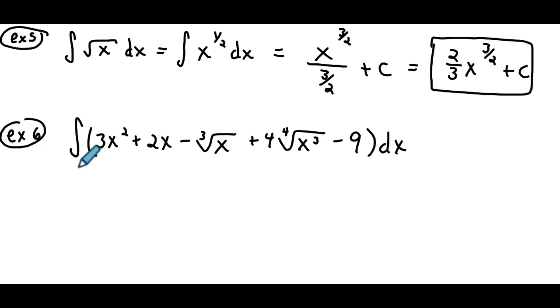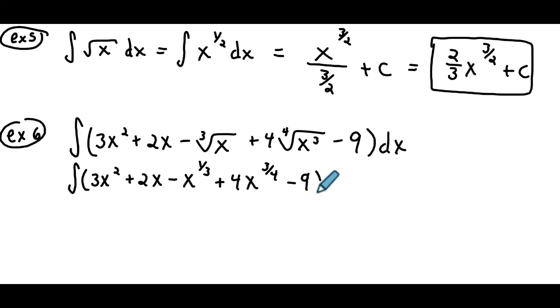So first, rewrite the integral so that you have all exponents. So I'm going to replace this cube root of x as x to the 1/3. I'm going to replace this fourth root of x cubed as x to the 3/4 power. And then I'll be ready to integrate.